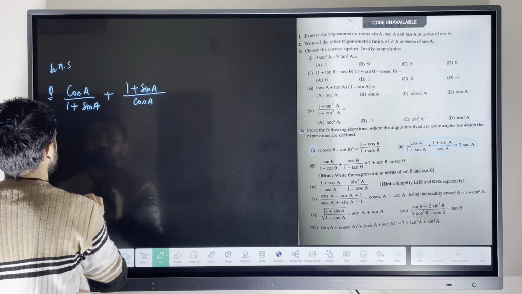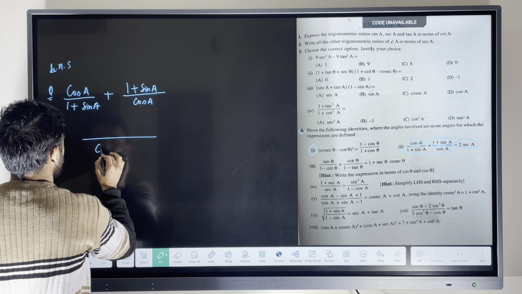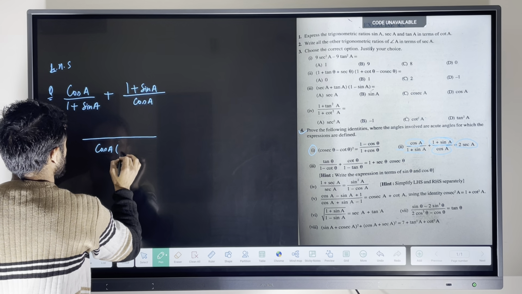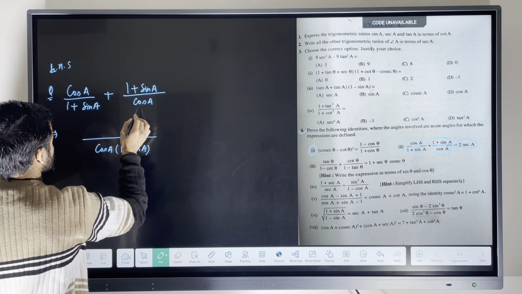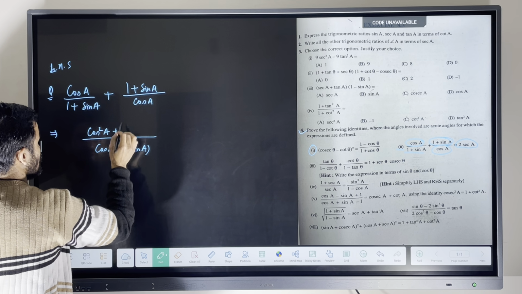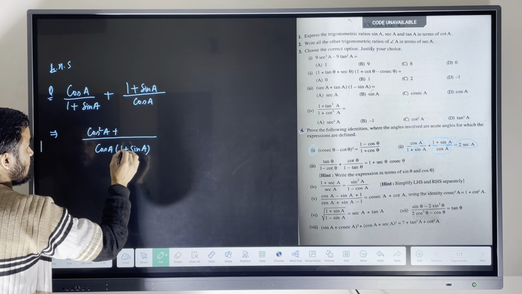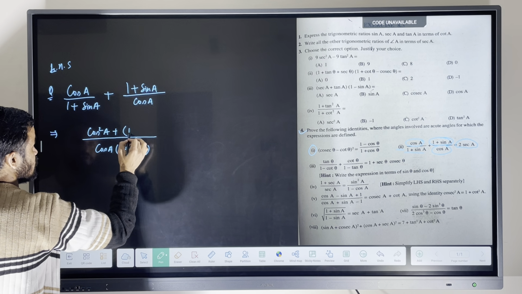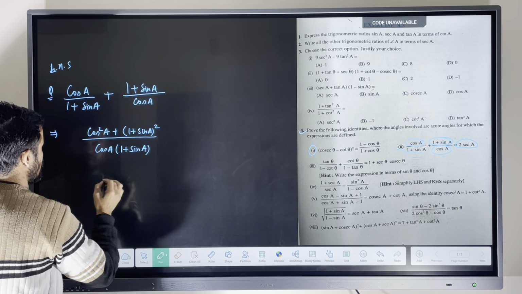Now if we take LCM over here, it will be cos a into 1 plus sin a. That cos a turns to cos square a plus, here if we divide this by cos a, we will be left with 1 plus sin a, so it will be 1 plus sin a whole square.